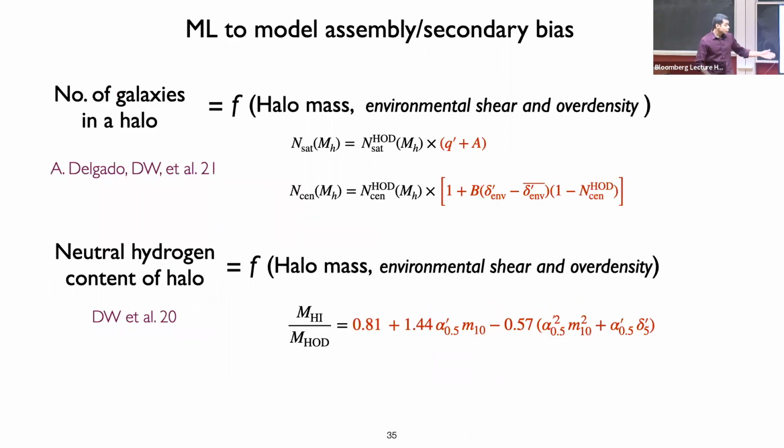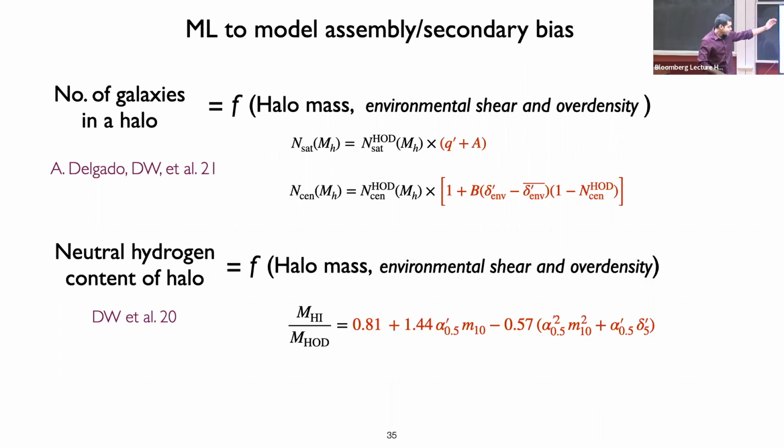And I won't go into detail. So here I've just shown two results that we had obtained in the past. We tried to extend these relations beyond the halo mass, and we saw that things like the environmental shear of the galaxies actually do play a role. The local environment of the galaxies can also enter the equations and make your estimates better.